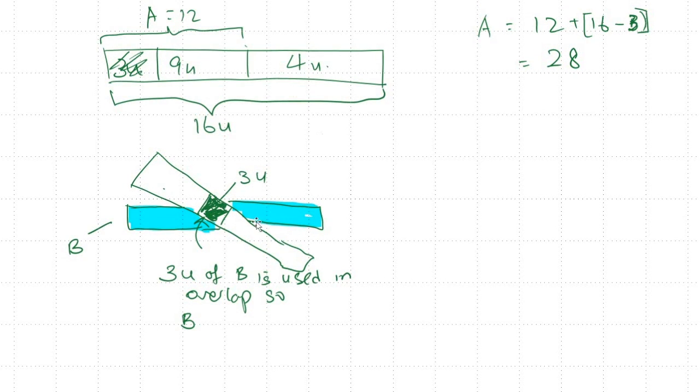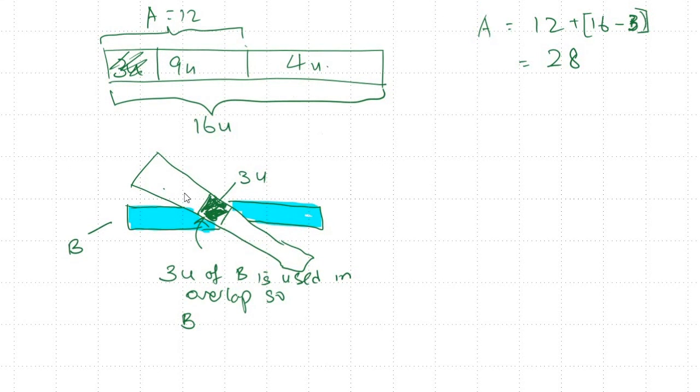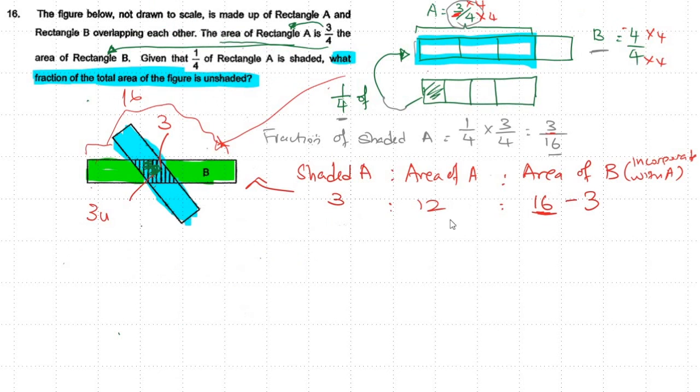So if this whole bar is 16, but then when I put A inside, shaded this portion here, B has also used up 3 units for the sticking to form this figure here. This figure you must look at as 1. Okay, you don't look at it as 2, look at it as 1. So now I come back here.